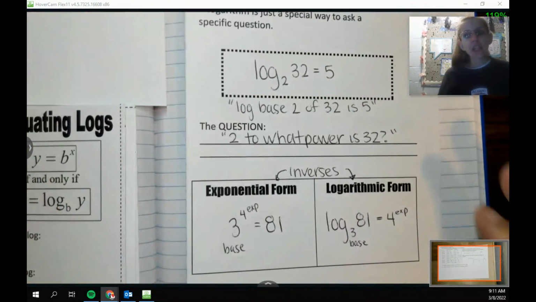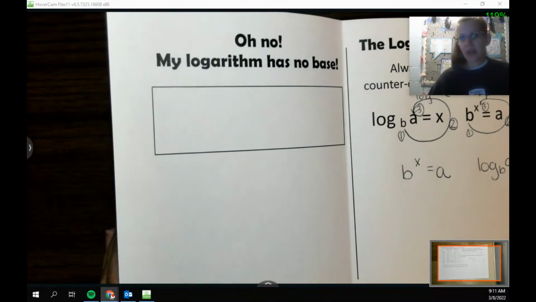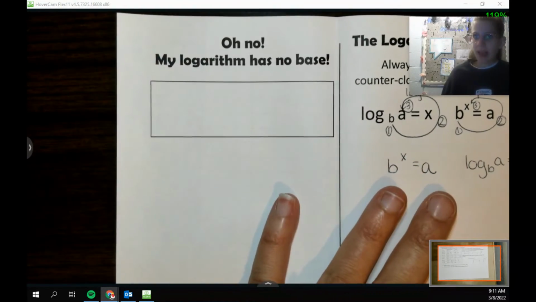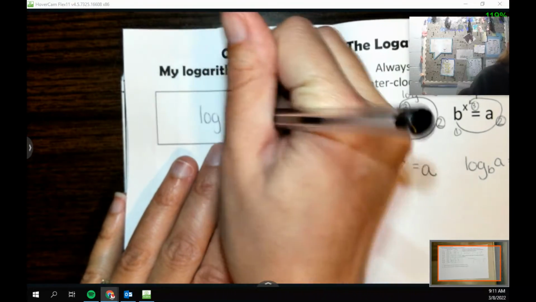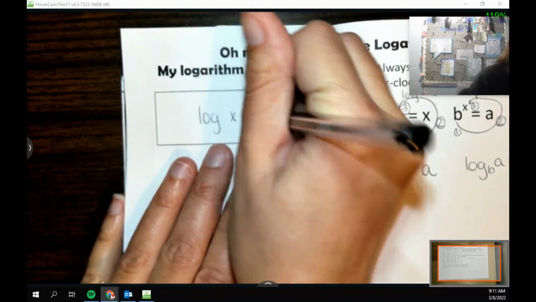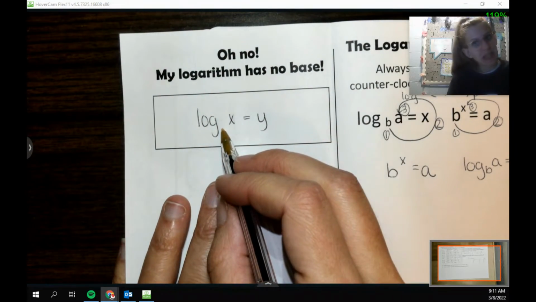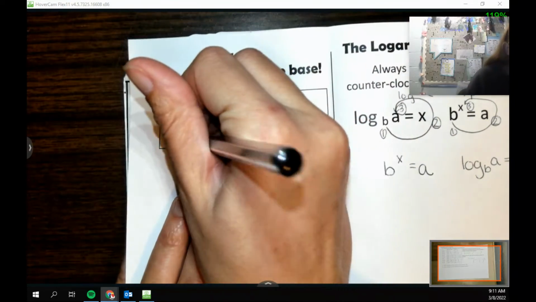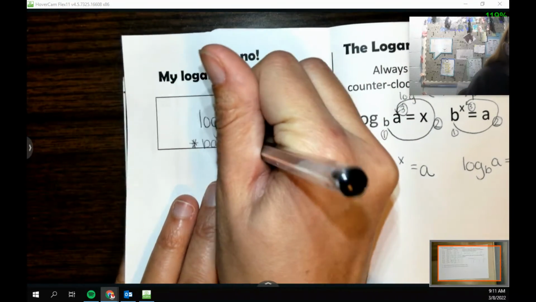Now, you sometimes may encounter, coming back here, a logarithm with no base. So if you see something like log of x equals y, there's no base, there's a missing base. A missing base is always a base of 10.